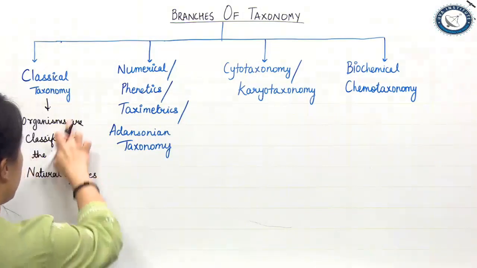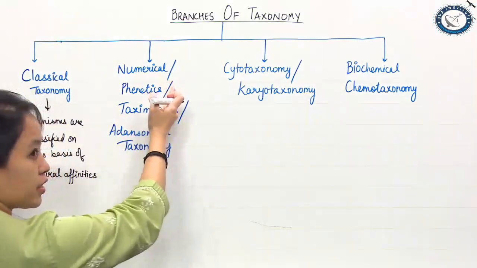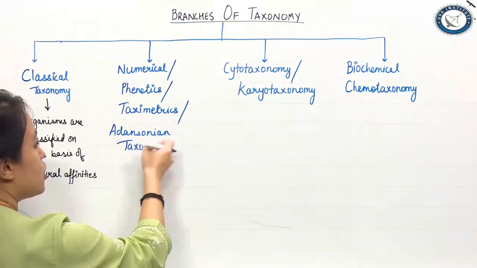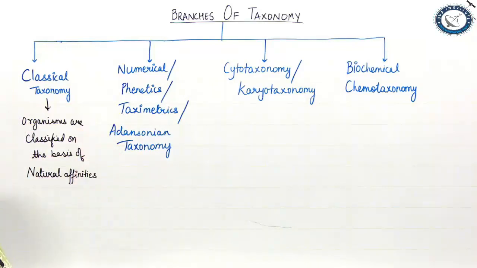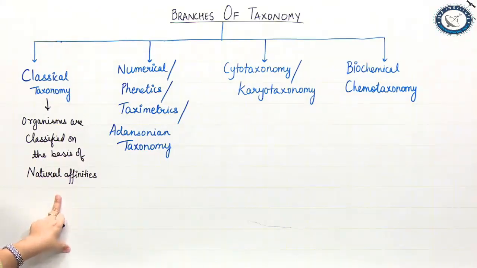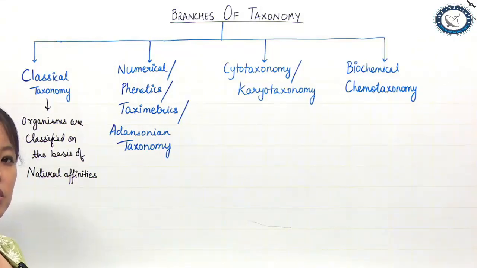Okay? Classical taxonomy. Now let's move ahead and talk about numerical phenetics, which is also known as taximetrics, or Adansonian taxonomy. You have to remember that when we say classical taxonomy, we are talking about natural affinities. When we are talking about numerical phenetics, taximetrics or Adansonian taxonomy, that means we are dealing with the similarities and dissimilarities between the species. Number of similarities and dissimilarities.